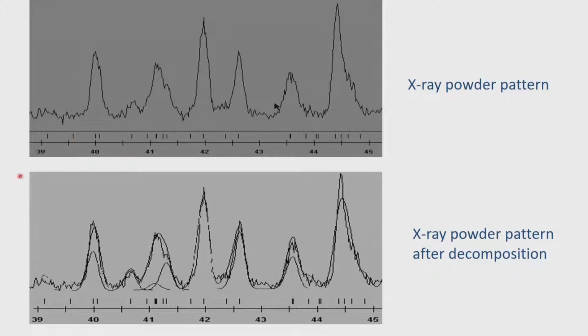For example, take this peak at 42. It is a unique peak, there is only one peak. So the peak can be fitted with a function which goes under it. The width of the peak and the shape function associated with the peak can be generated mathematically, and how we do that we will discuss in a minute.